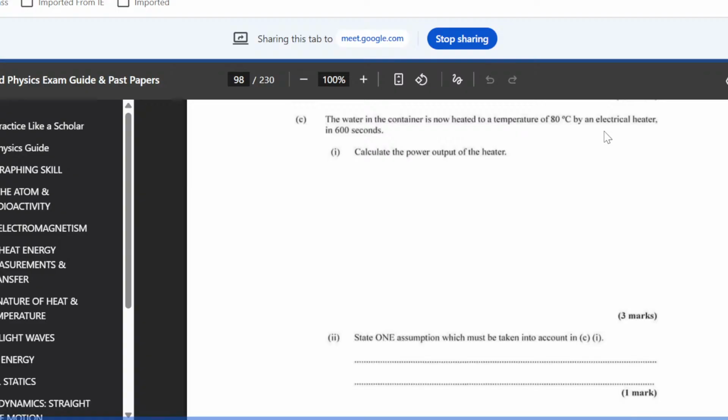So state your equations, and this could have only 4 marks. Yes, go ahead. Wait, what's the mass? Who first? Ladies first. Go ahead. 1,400 joules.